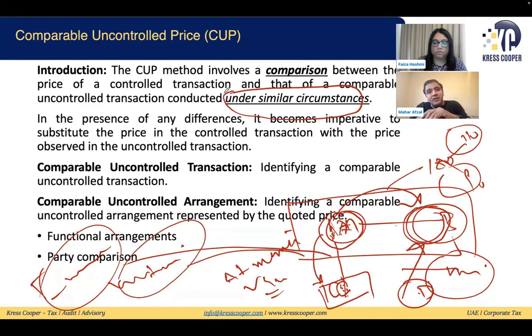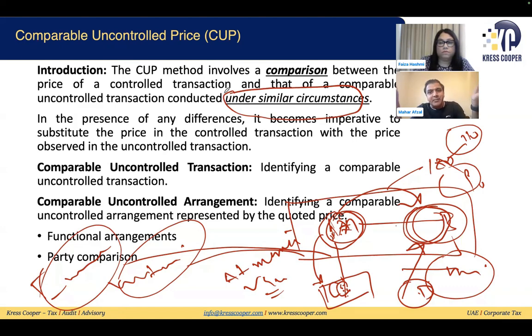So in this, what will we be liable to do? We'll be liable to identify the related parties, A and B. What is the controlled transaction? Yes, any transaction between A and B we can assume to be a controlled transaction. Then we need to identify the uncontrolled transactions, basically with unrelated parties.